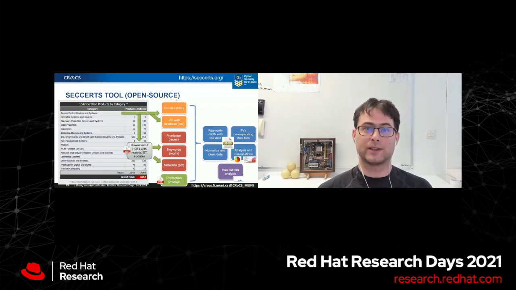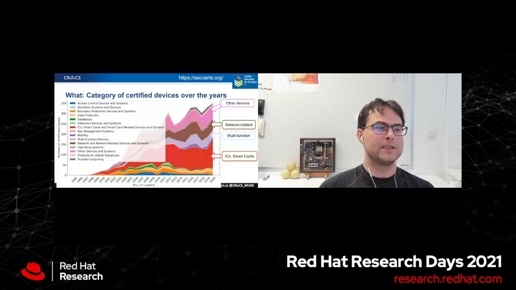So, some ecosystem insight. First, a natural question is: what is the number of devices certified over the years, and what are the categories of these devices? So what is certified? Common Criteria has these basic types of certified devices, and based on the processing, you can start drawing graphs.